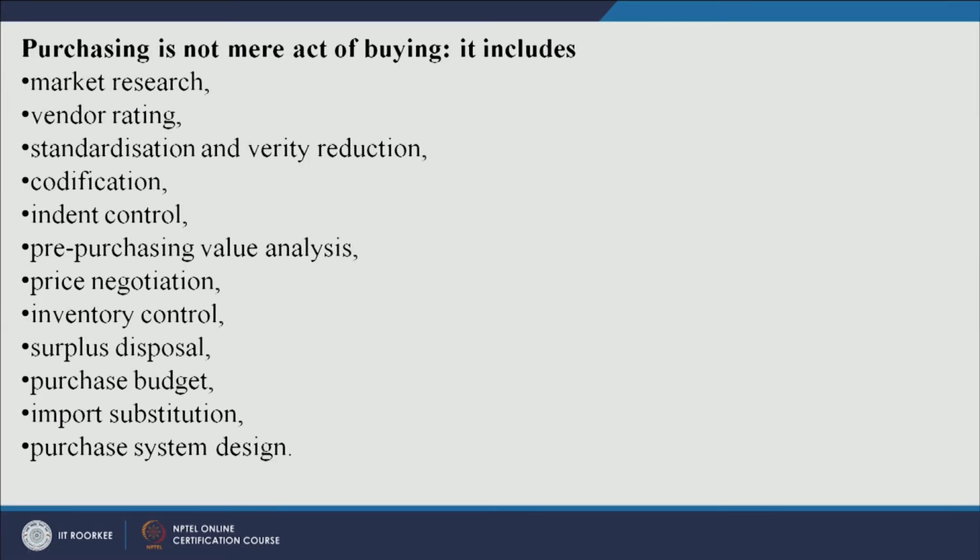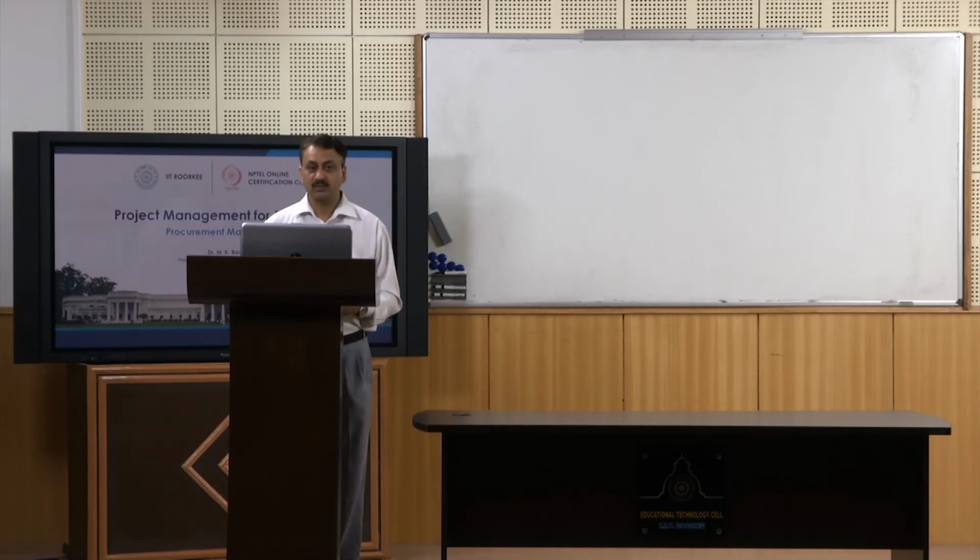Vendor rating. You need to ensure that your vendors are rated properly and they are audited properly, because if something goes wrong with the final product, then it's your brand which is at stake, not the vendor, because nobody knows vendors.